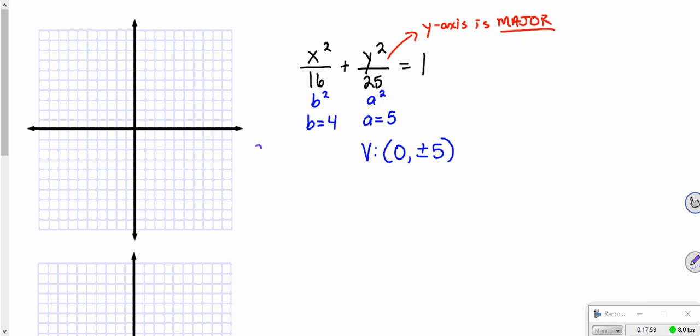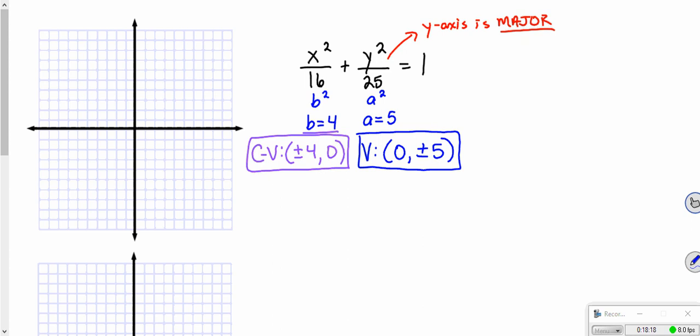My co-vertices are on the x-axis, so that's plus or minus 4, 0. Vertices are 0, 5 and 0, negative 5, and my co-vertices are positive and negative 4, 0.